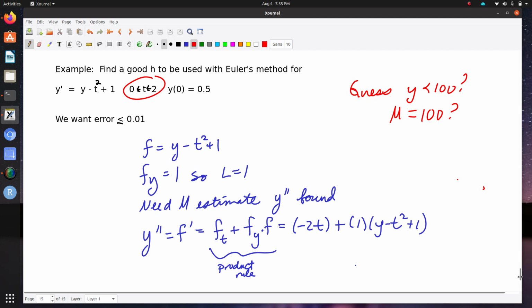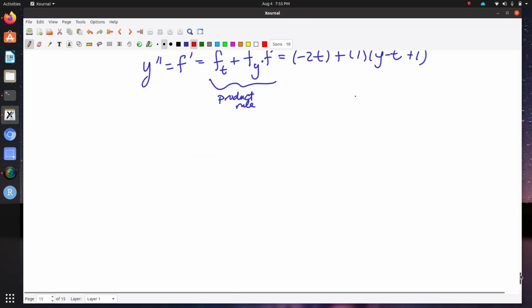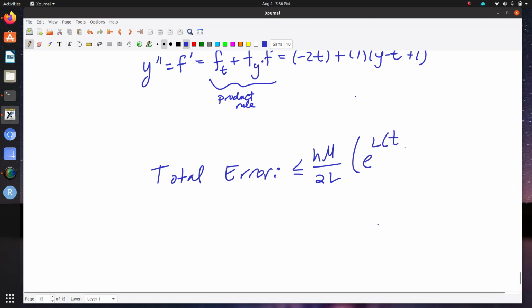Okay, so our total error is going to look like this. It is less than or equal to hM over 2L times e to the L(t minus a) minus 1.